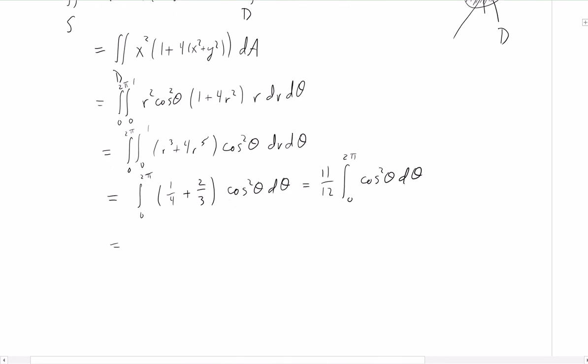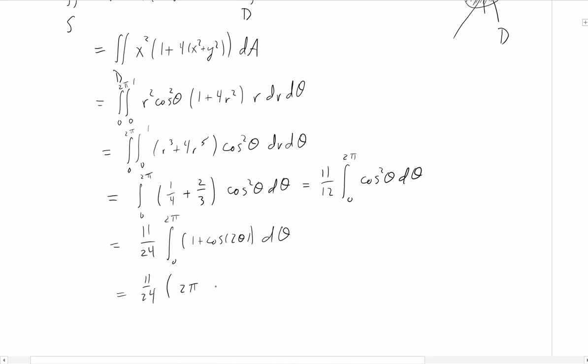Now to integrate cosine squared, we use the trig identity. Cosine squared is equal to 1/2, so we'll multiply the 1/2 outside, 1/2 times 1 plus cosine of 2 theta. Integral of 1 from 0 to 2 pi is just 2 pi.